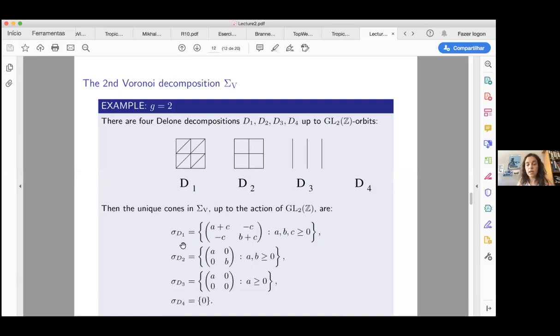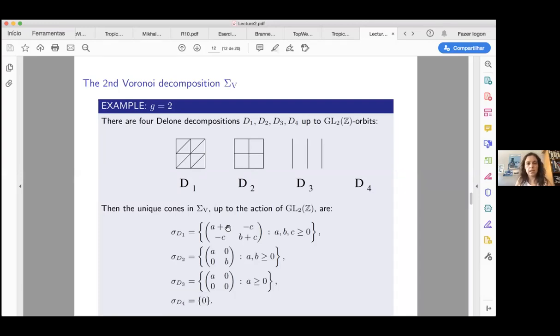So the cones of sigma V and of sigma P are exactly the same in dimension 2. If you've never done this, maybe it's interesting to figure out how to obtain these decompositions, starting with some of these quadratic forms.